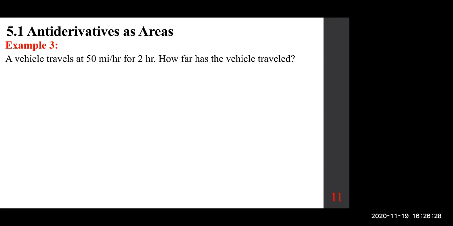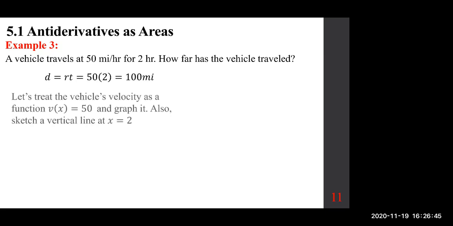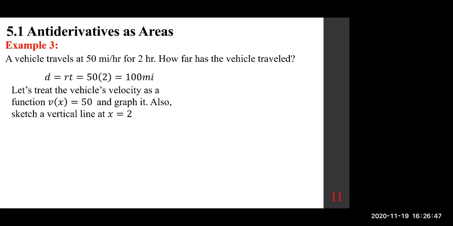So having said that, here's an example. You already know the answer is 100, but we want to discuss that with the concept of area under the curve. So we'll see the similarities between a velocity problem and a distance problem. Okay, so D equals RT, 50 times 2, is 100 miles. So if we treat the vehicle's velocity as a function V of X, V for velocity, and that's fixed at 50, so that means Y or V of X is 50, which is a horizontal line, okay?